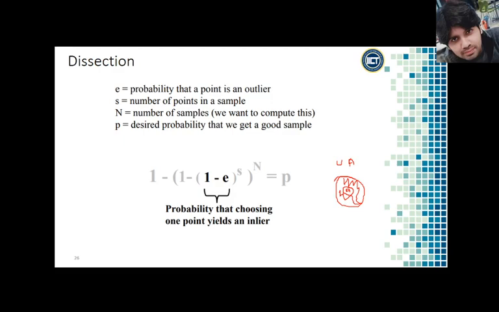So it's basically subtraction. That's the same thing which we are going to do. As we know that the maximum probability is 1, so if e is the probability that a point is an outlier, we can subtract it from 1 to find the probability of a point being an inlier.